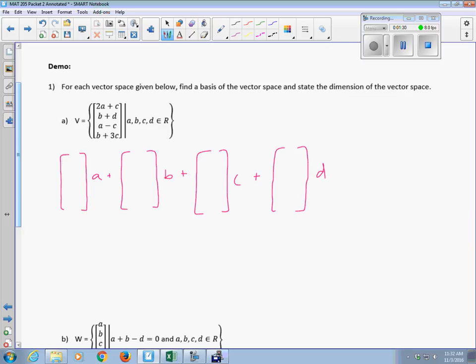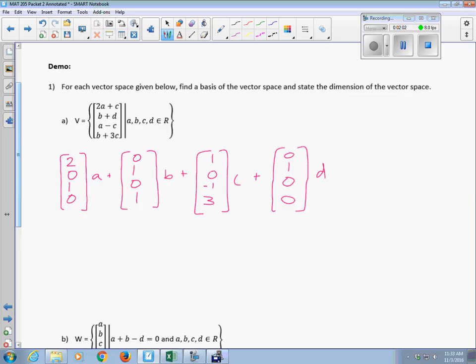All right, so my first entry is going to be 2a plus c, so I need a 2 for a and a 1 for c, and the other 2 get zeros. Second entry is b plus d, so I need 1 for b, 1 for d, the other 2 get zeros. A minus c, so I need a 1 in a, a -1 in c, the other 2 get zeros. And b plus 3c, so a 1 in my b vector, a 3 in my c vector, the other 2 get zeros.